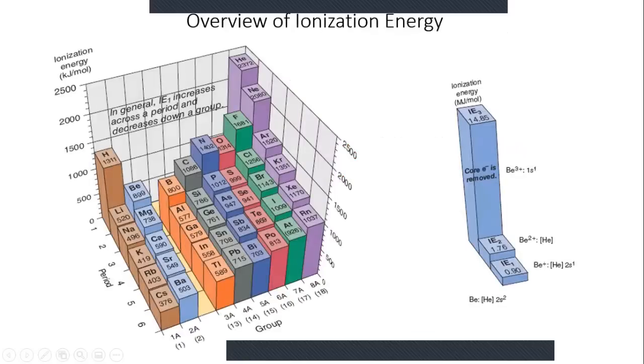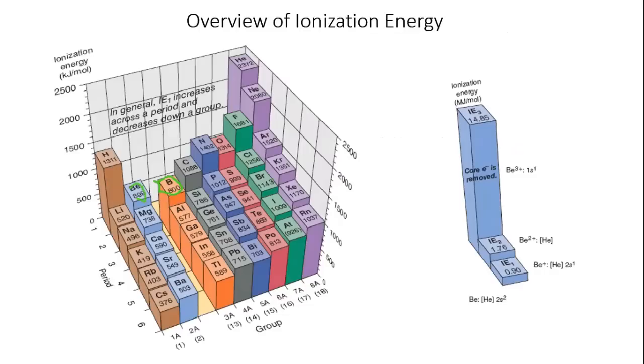So here's just an overview. As you can see in row 2, group 3, boron is less than beryllium, aluminum is less than magnesium, gallium is less than calcium, but after the 4th row it disappears. Indium is greater than strontium.